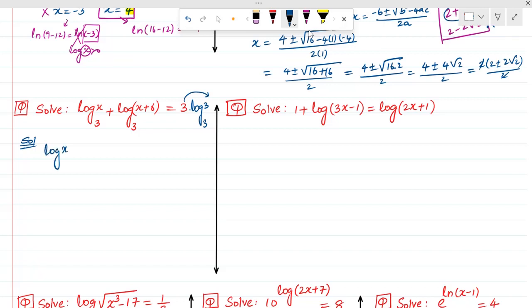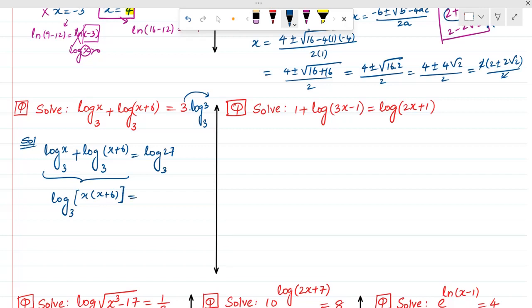Log x base 3 plus log x plus 6 base 3 equals log 27 base 3. As per the property, I can write this as log of x into x plus 6 base 3 equals log 27 base 3.